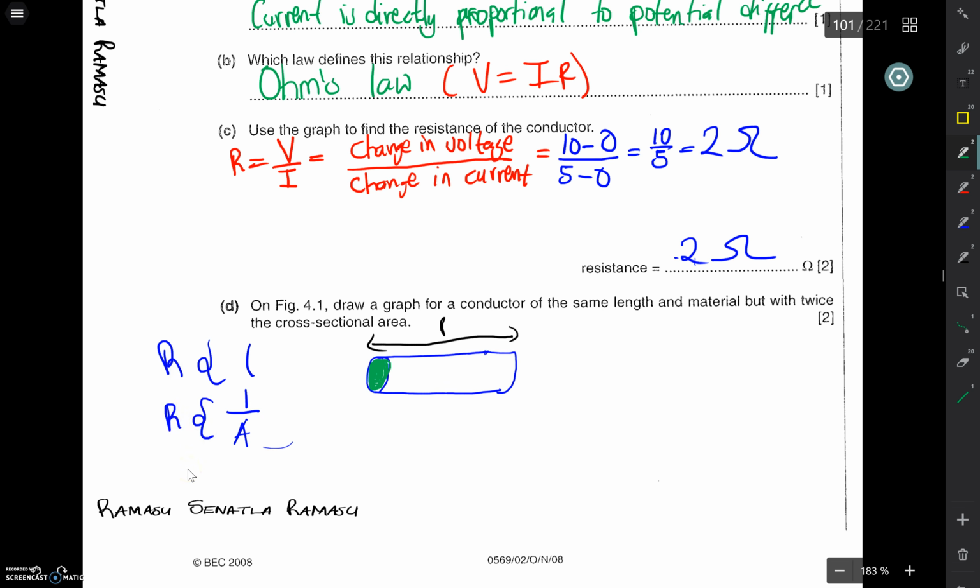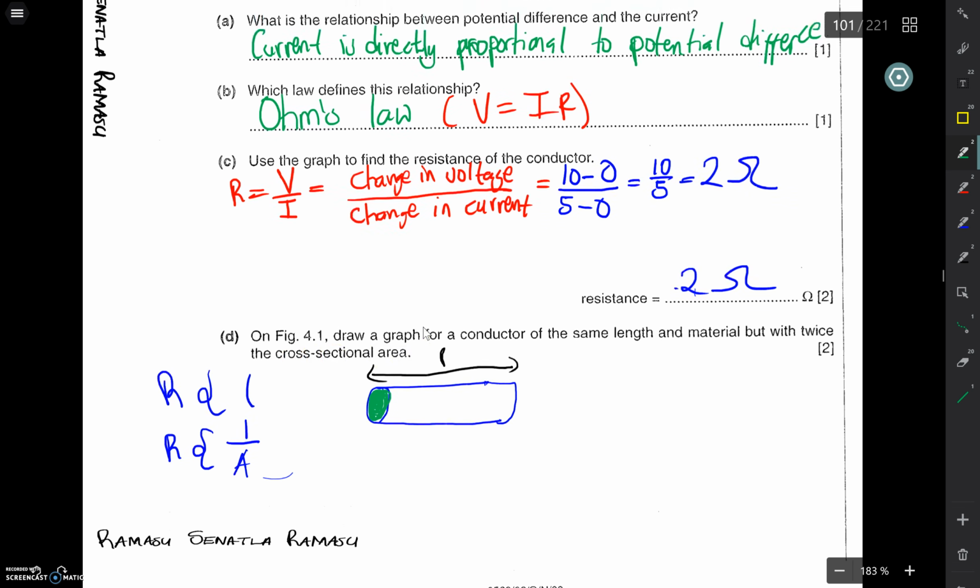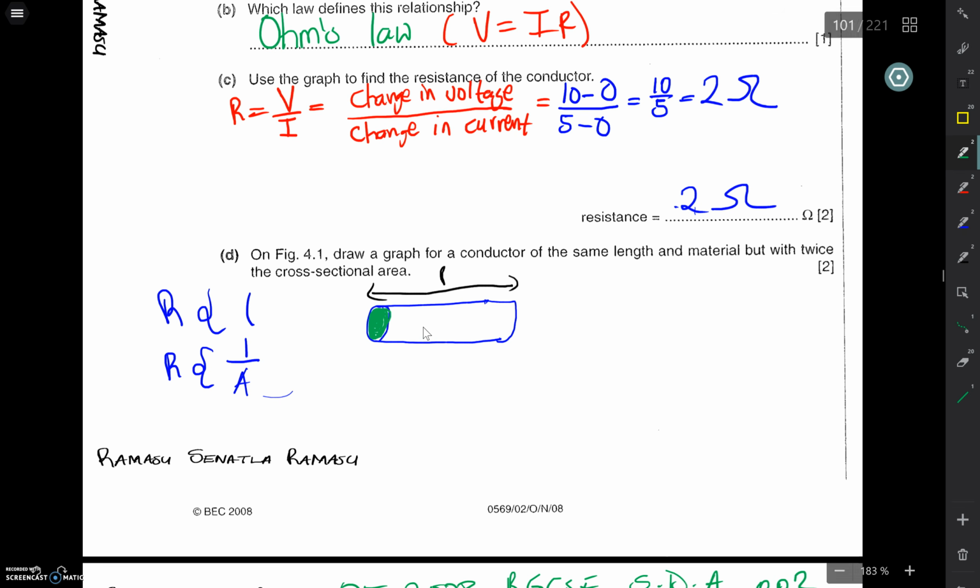Okay, so now they tell us that a conductor of the same length and material, but which has twice the cross-sectional area, right? So we can use the equation that R is equal to the resistivity times length over the cross-sectional area, right?